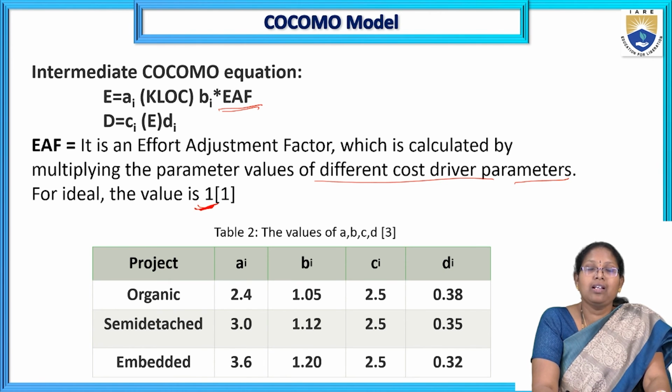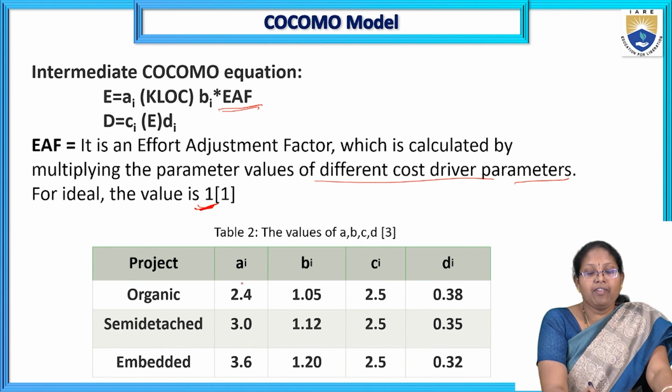The input for the basic COCOMO model is only the lines of code, and for the intermediate model, some other 15 key cost drivers are required. Those are defined through the different tables. Generally the values A1, B1, C1, D1 also differ when applying the COCOMO models.